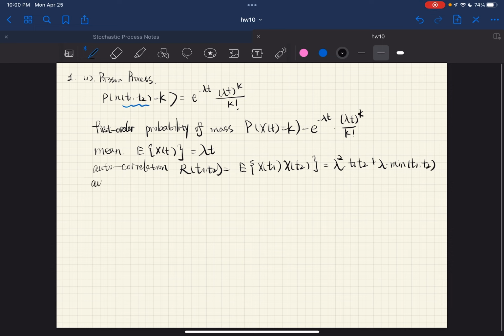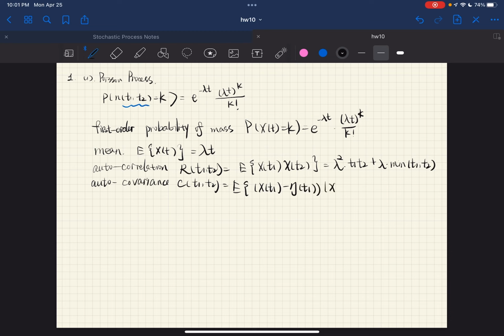And the autocovariance C(t1, t2) is equal to the expectation of X(t1) minus the mean, times X(t2) minus the mean at t2.